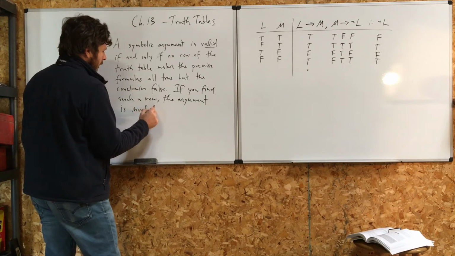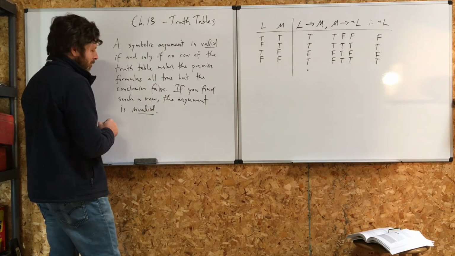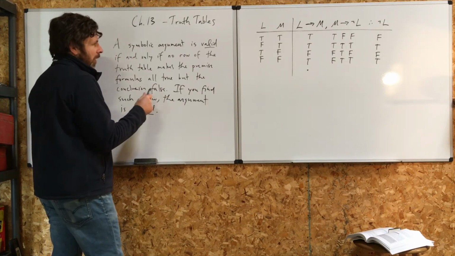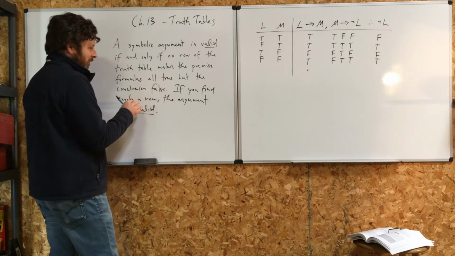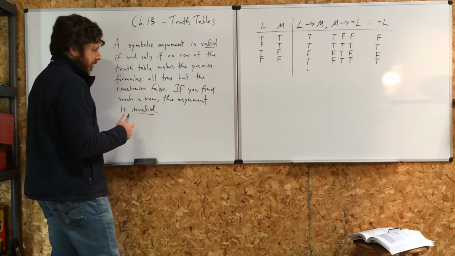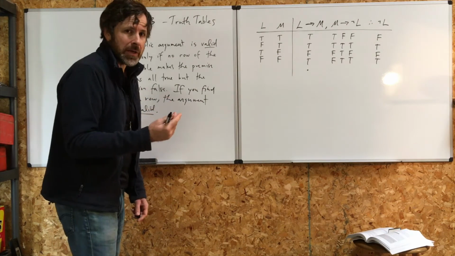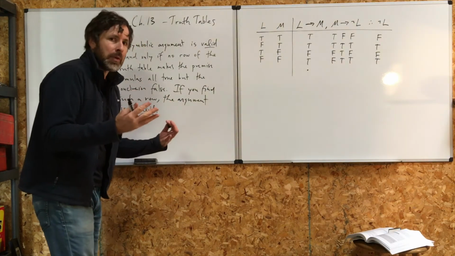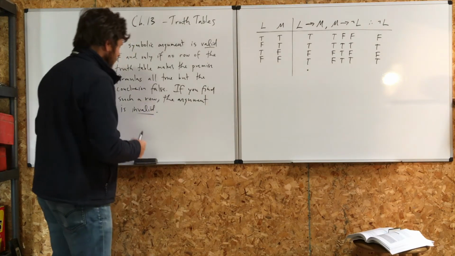Invalid. Might be a little bit odd in a way, if you successfully find it, it's invalid. Lack of success means it's valid. That's similar to the counterexample technique. If you can't find a counterexample, then the argument's valid.